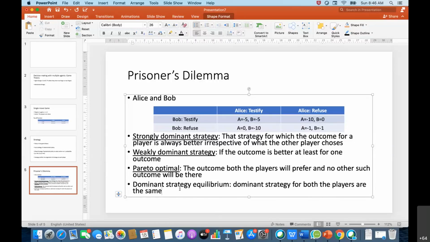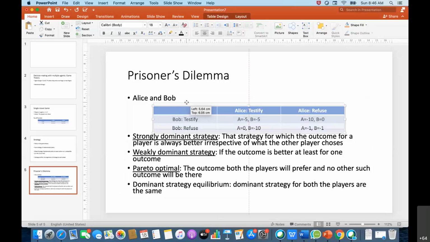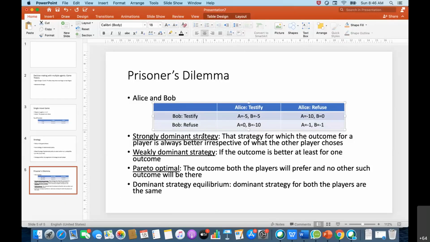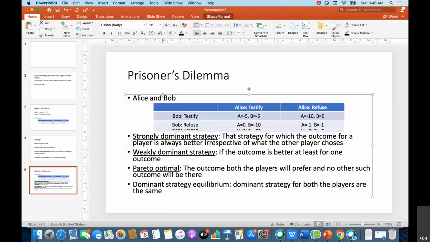Then comes a very, very important concept of Nash equilibrium. Okay, the concept of Nash equilibrium that we are going to discuss.